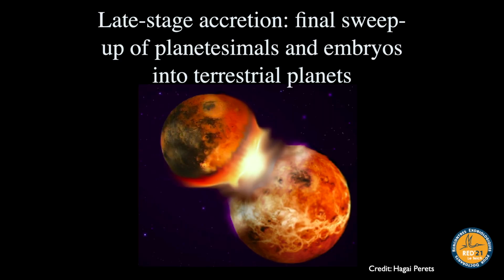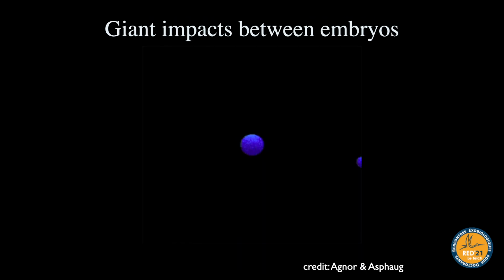And that's characterized by big impacts between objects. For example, this is just an artist's impression of the moon forming impact, where some big thing that was maybe the size of Mars or so bashed into the Earth and created the moon. And these giant impacts are often not quite as smooth as all that. They don't always lead to planetary growth. They can actually erode planets.